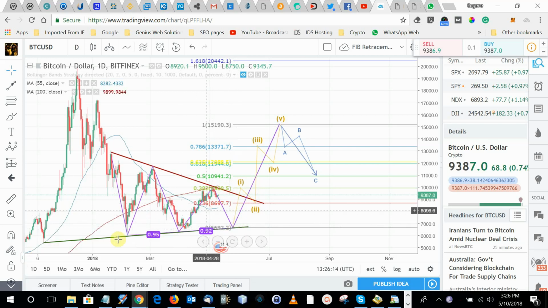I had it originally at 6,800, and I'm sure if I zoom in and play this out properly, I can get to 6,800 a lot better. Obviously we're at 6.6 at the moment, but in order for this move to play out, we need to hit this mark. Now I'm not so sure if we will hit this mark, but if we do, I'm going to make sure that this is my entry point of the year, so that I can ride this impulse wave all the way up and then sell it for the correction.